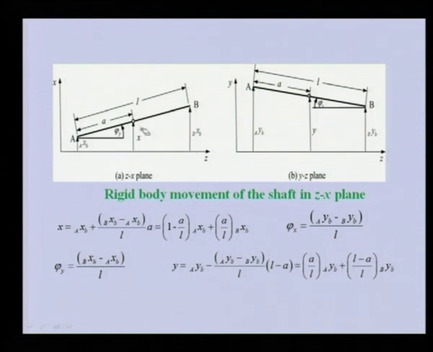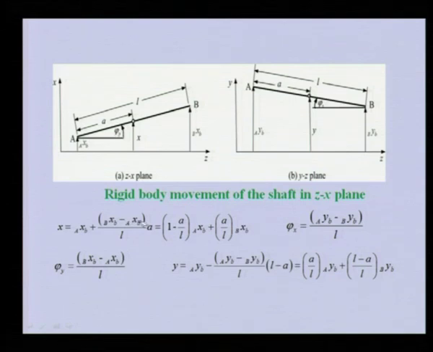So, you can see x, we can write it as x a, and the difference between the two displacements divided by L, that will basically be the slope of this line, and into A, because A is the distance of the disc from the left end. So, this will give us A. That is the value of this, the slope of this into this distance.